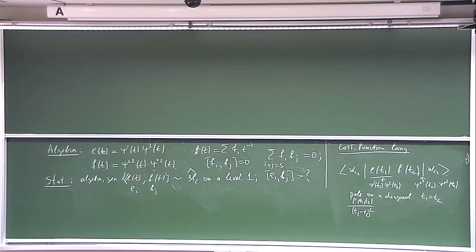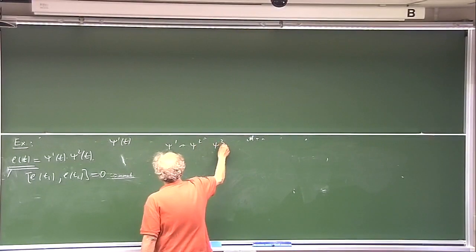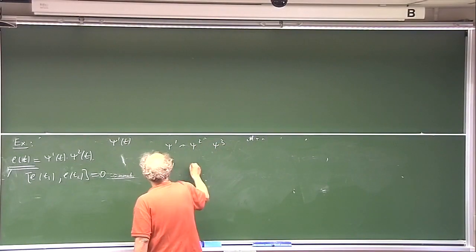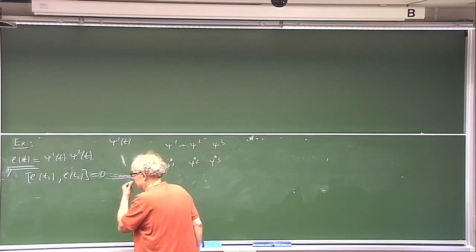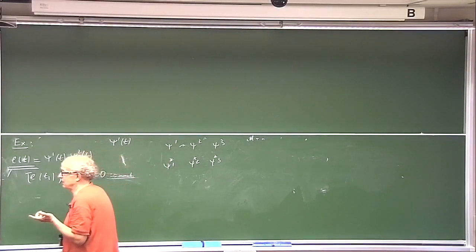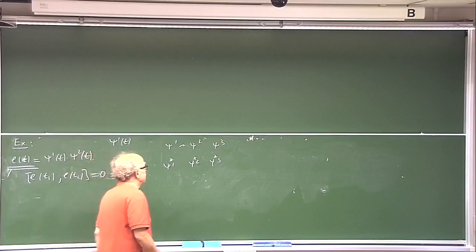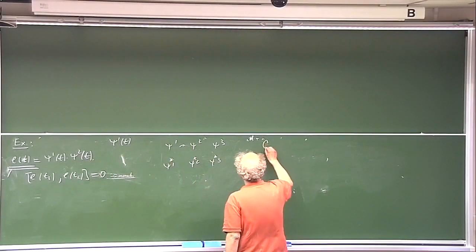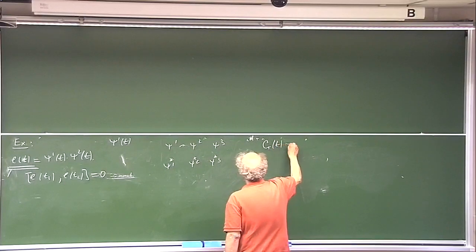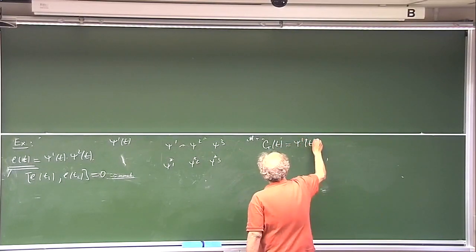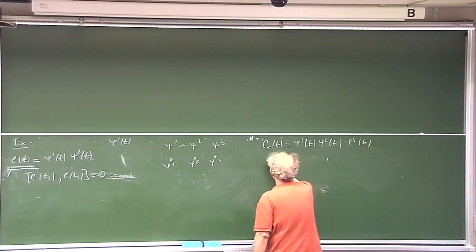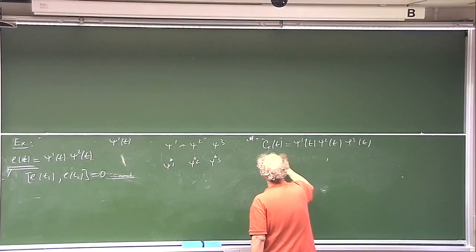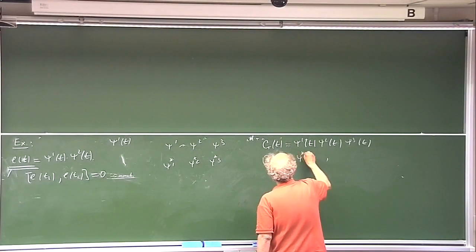So suppose I have the objects psi_1, psi_2, psi_3, and psi_1 star, psi_2 star, and psi_3 star. So a three-component Clifford algebra. Why not? And I can write down, for example, G(t) equal psi_1(t) psi_2(t) psi_3(t), and in a similar story maybe introduce Q like this.